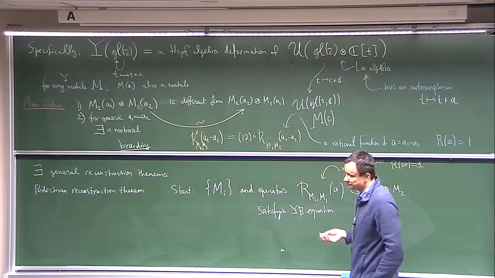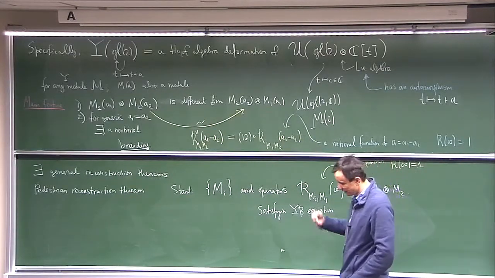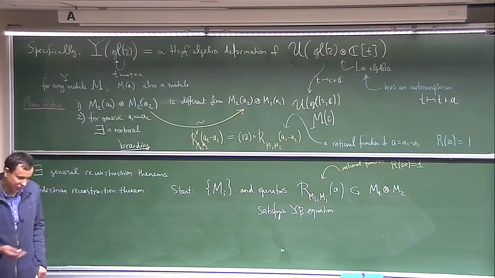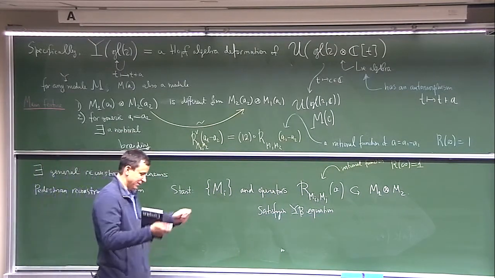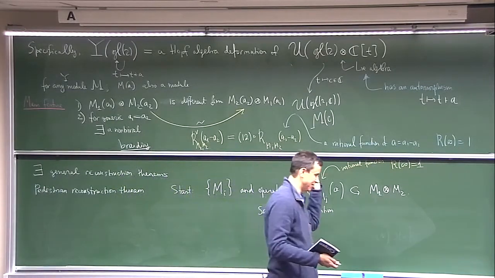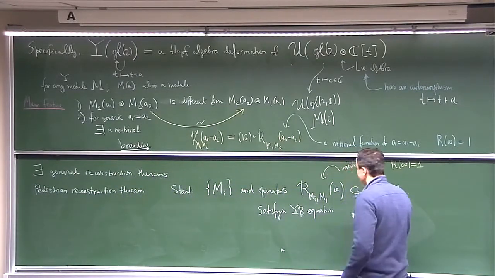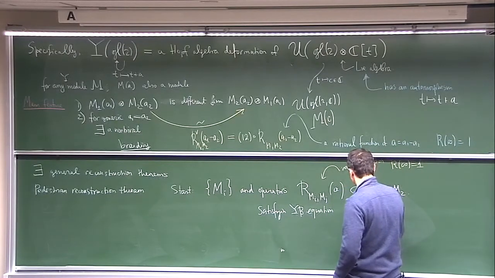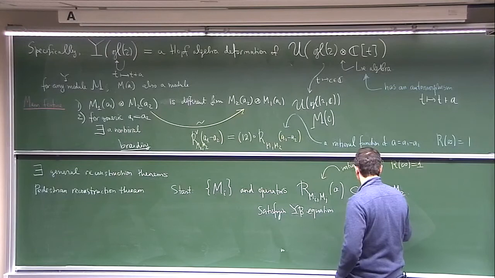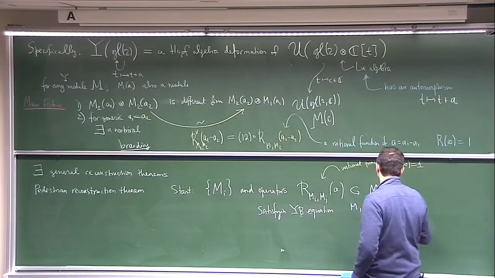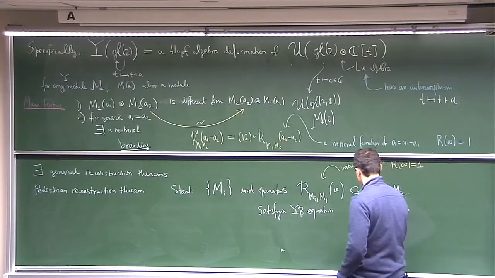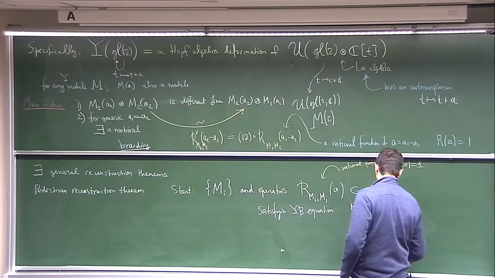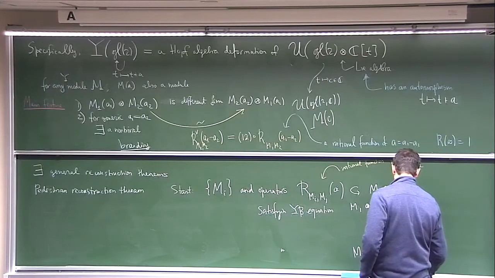So if I have the 3 modules, 1 and 2 and 3, I can put them in the opposite order in 2 different ways.